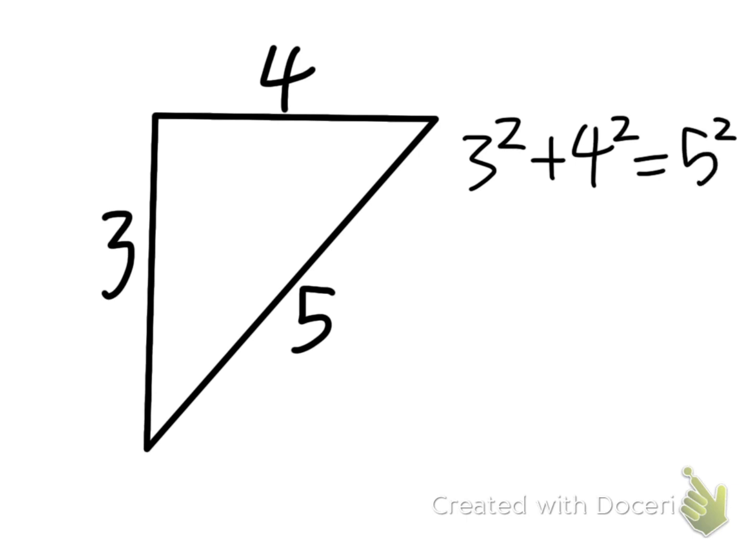Now, similar to the other two, square all three of the numbers first to get 9, 16, and 25. Now, similar to when the hypotenuse was missing, add the values for the legs to get a total of 25.